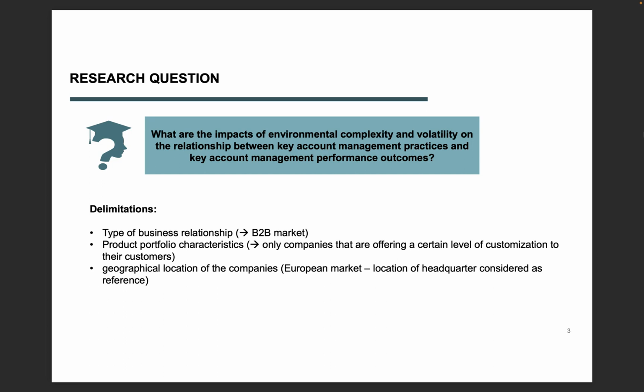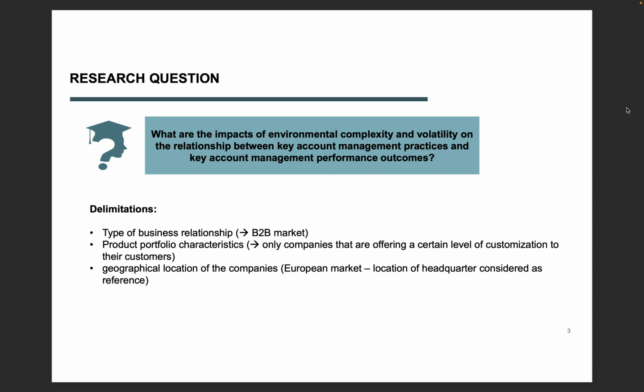It means that I will only focus on companies that are offering a certain level of customization to their customers. So this means that they're not only selling their standard products, but rather are offering a level of customization in regards to their product or service portfolio.